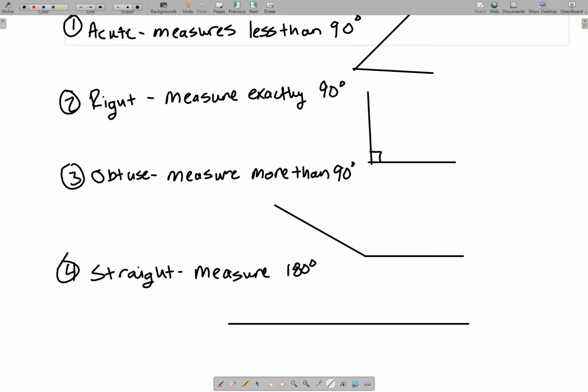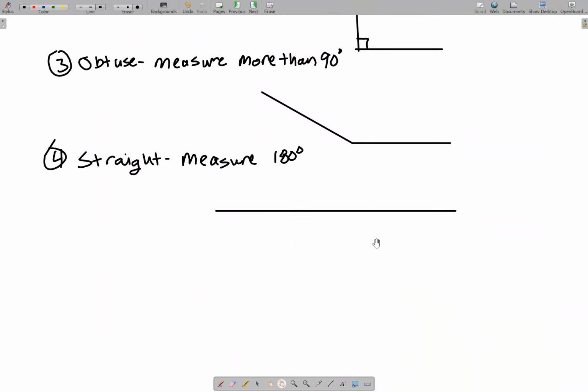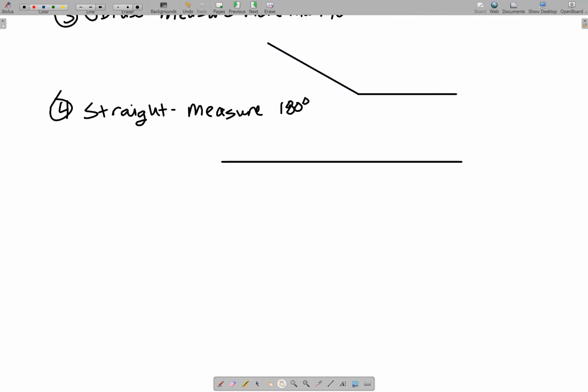Okay, so on the assignment for today, there is some algebra that didn't make it into my original version of the notes here. So let's take a look at a situation. Let's say that we have, I'm going to draw a few different angles here, and I'm just kind of eyeballing it, so my measures aren't going to be exact.